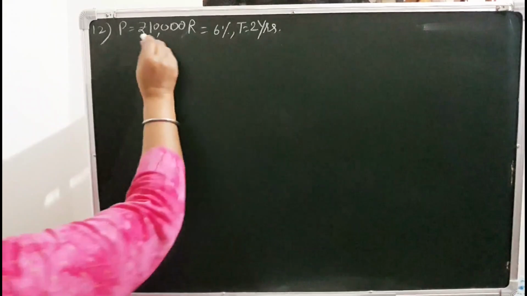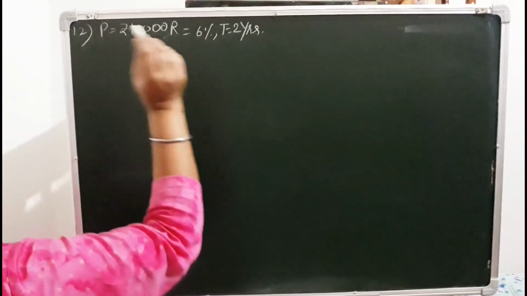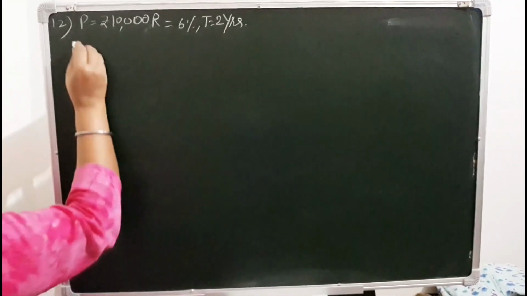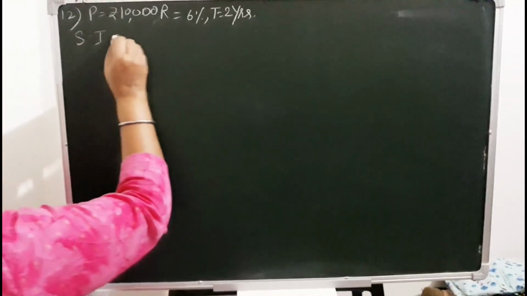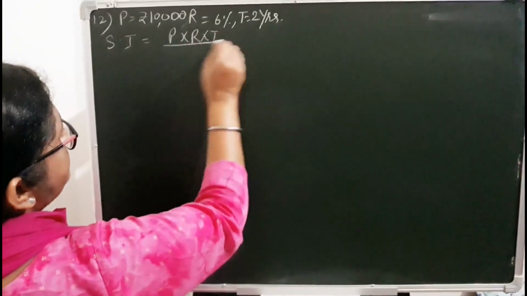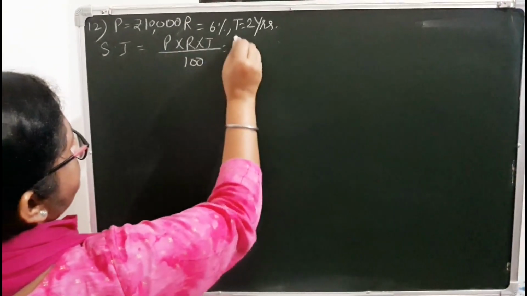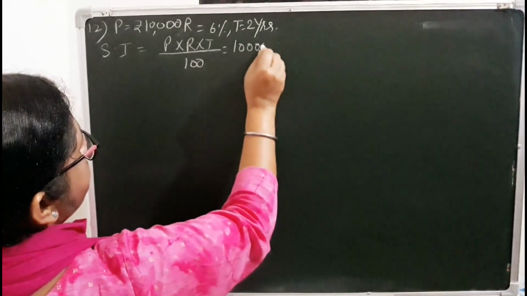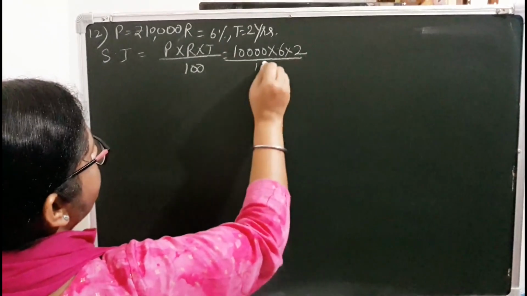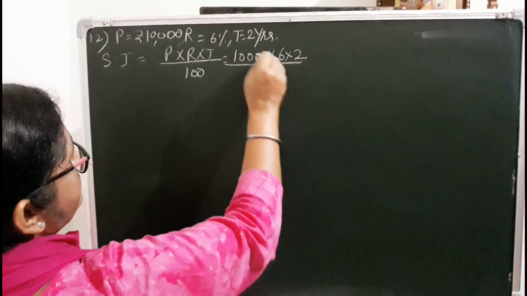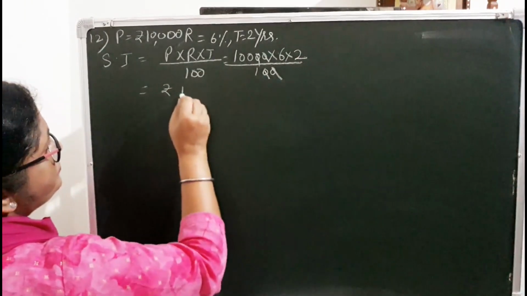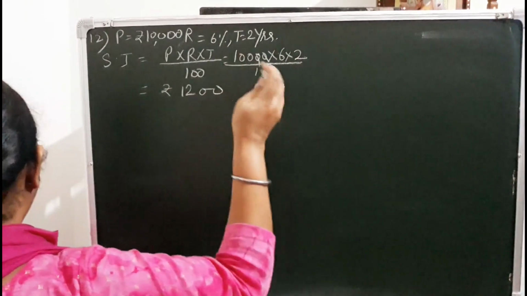Simple interest: principal 10,000, rate 6% and time 2 years. Find simple interest. P into R into T over 100 means 10,000 multiply 6 multiply 2 over 100. 6 2s are 12, 12 multiply 100, rupees 1,200.